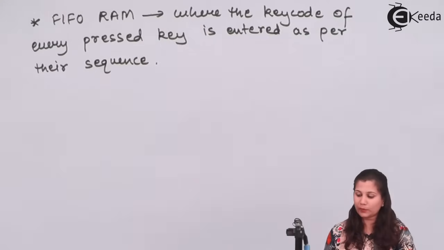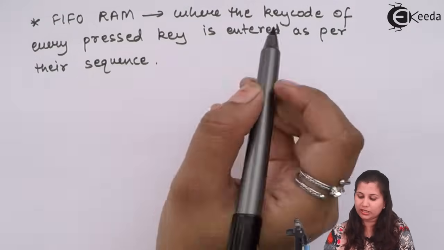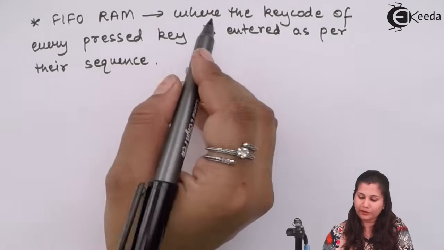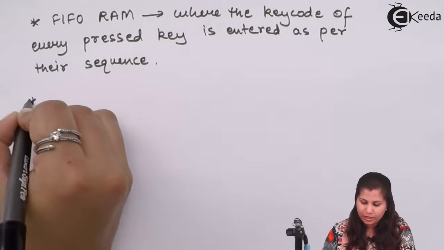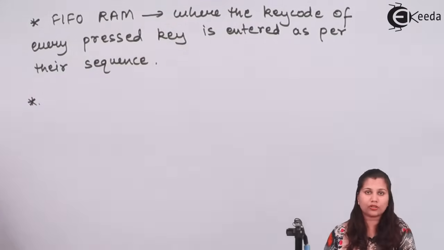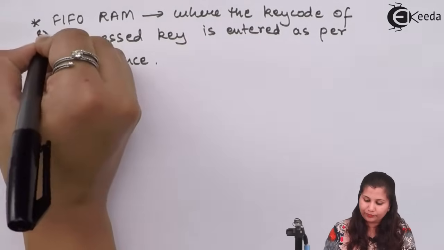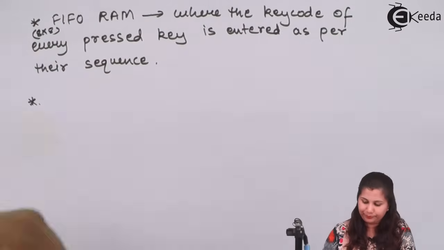As per the sequence in which the keys are pressed, in that sequence only the key code of every pressed key will be stored in the FIFO RAM. Now this FIFO, because its size is 8 cross 8, can store 8 key codes at a time.